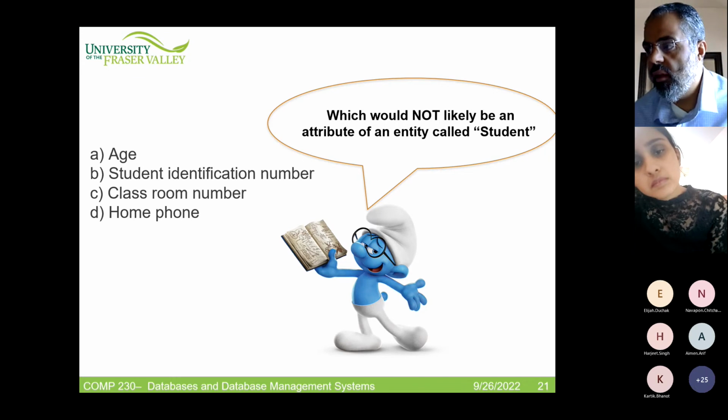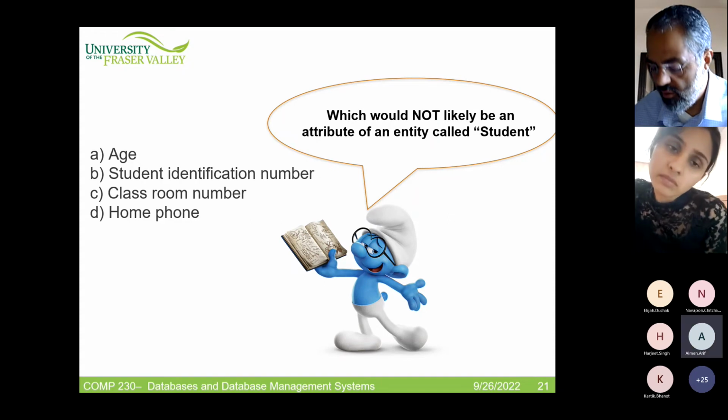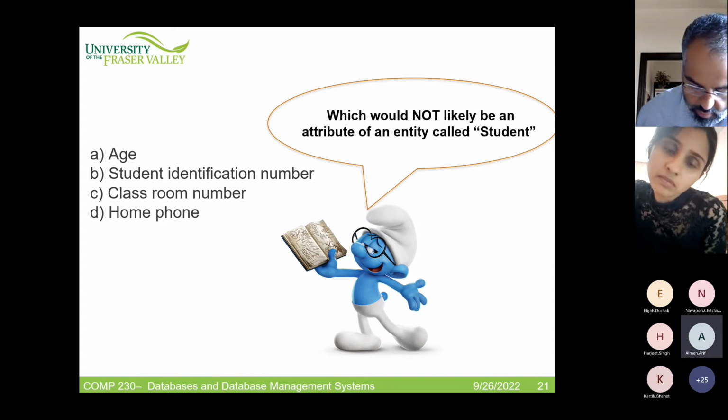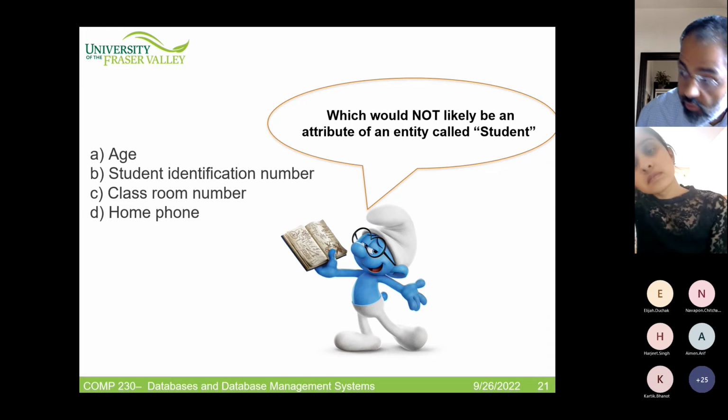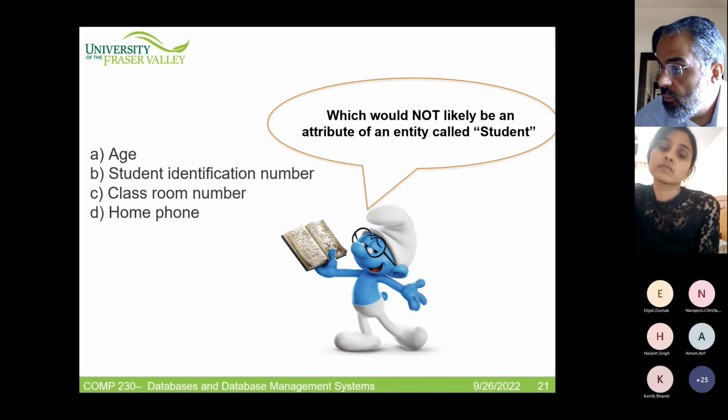I will start with Ayman because she's the first one who raised her hand. It's going to be the classroom number because it does not describe the student. Okay, perfect. Thank you. Same, it should be classroom number. Classroom number.